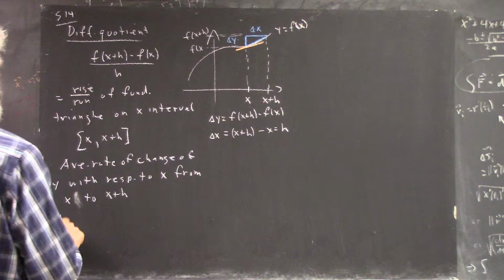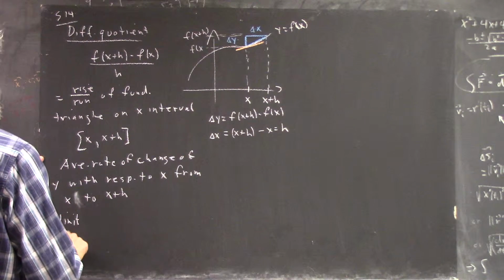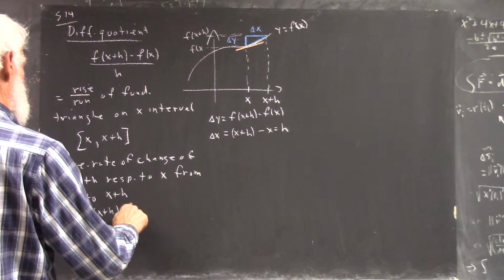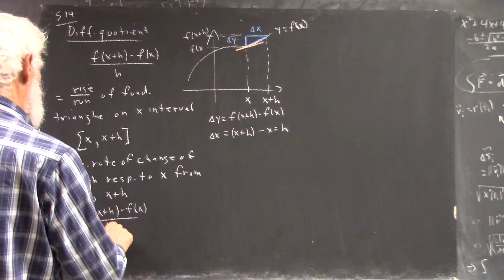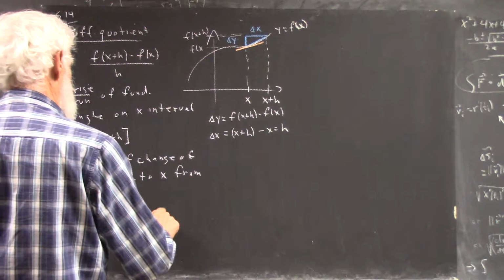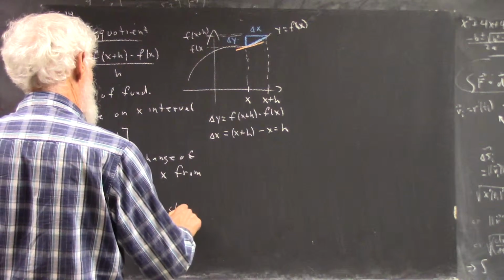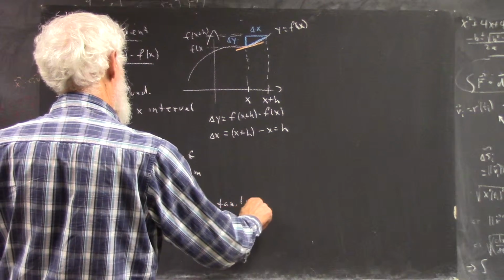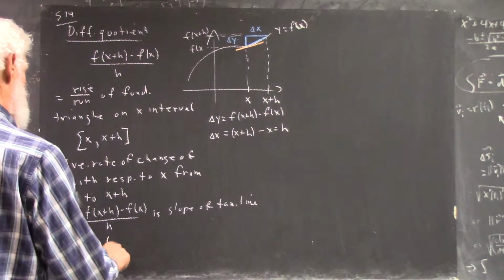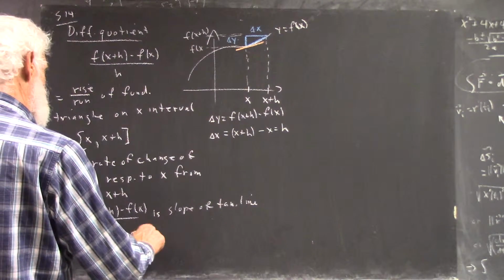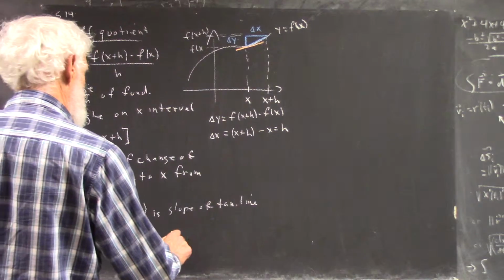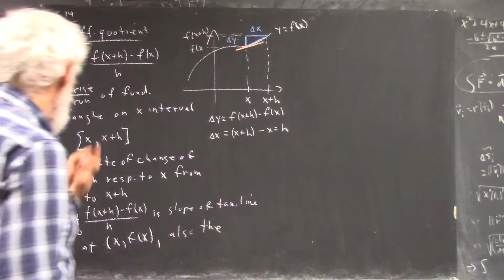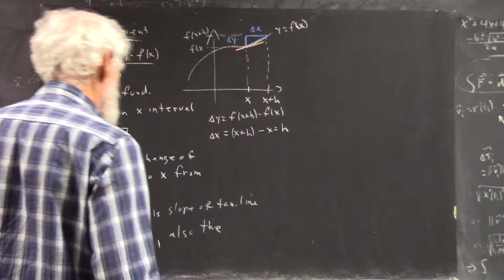So I could say the limit as h goes to 0 of f of x plus h minus f of x over h is the slope of your tangent line at the point x, f of x. Also the instantaneous rate of change of y with respect to x.